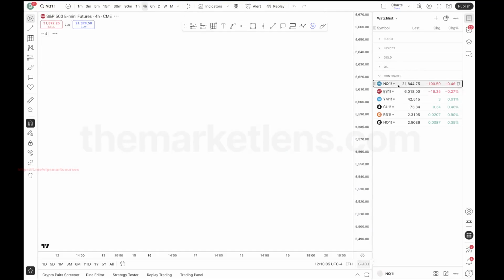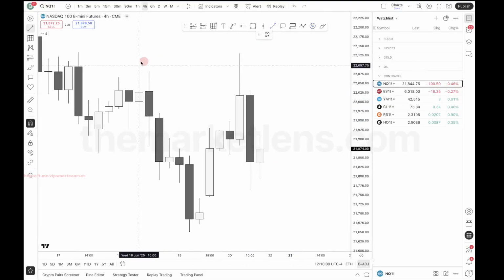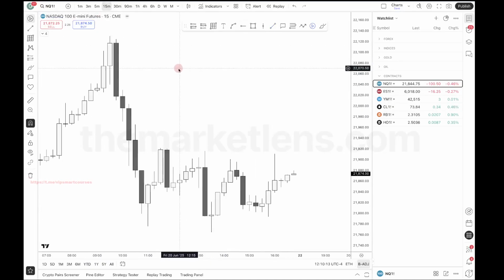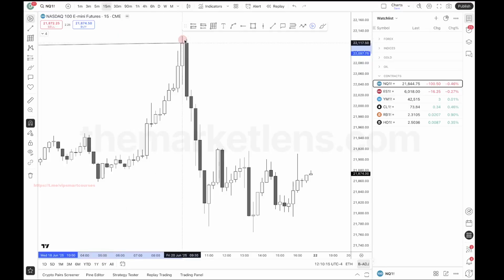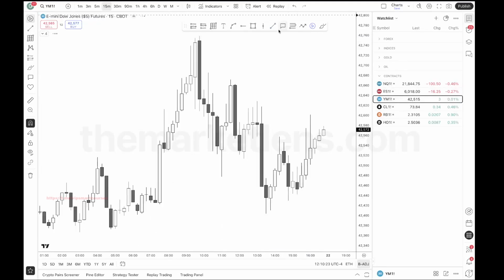So if I go to NQ on Friday, here's your first crack in correlation. And if I go to YM, look at the 930 high. It does not get taken out on NQ, but on YM, it does.